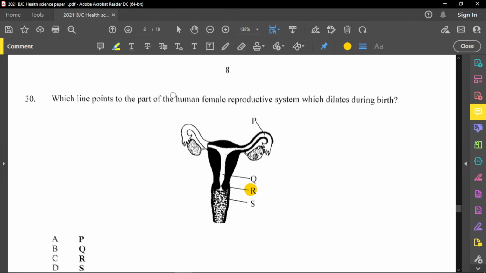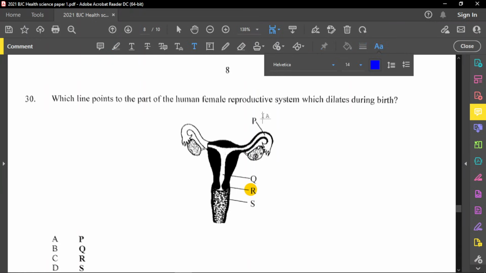P is the fallopian tube, and that's where fertilization of eggs takes place. Then we have the uterus, where implantation of the egg will occur, and the fetus will stay there until the end of pregnancy. So it accommodates pregnancy and development of the fetus.